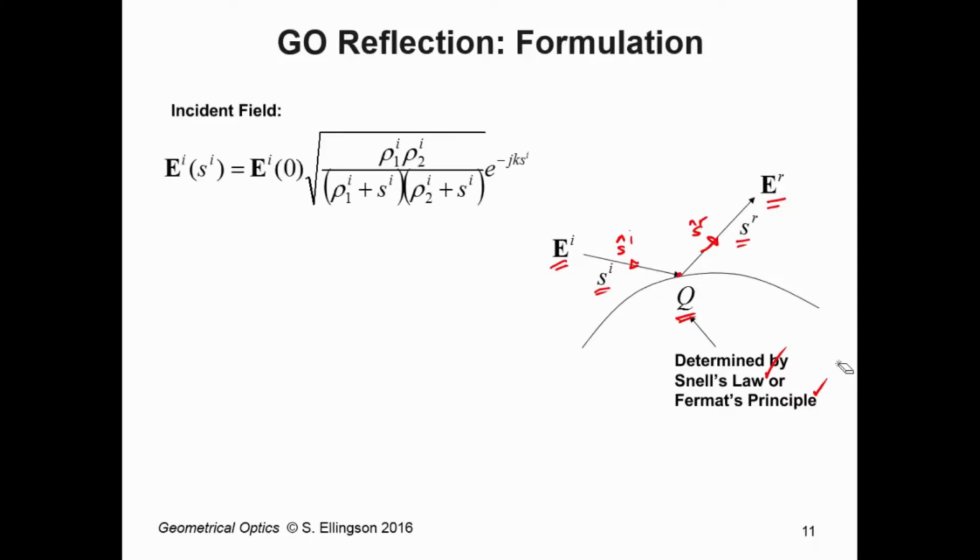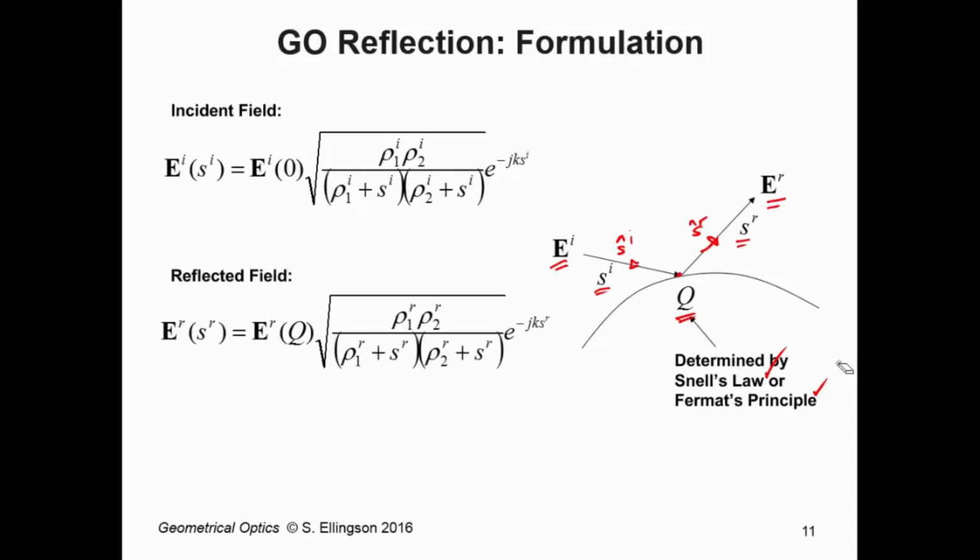The incident field is the geometrical optics form that I've already talked about. The reflected field is also a geometrical optics field, so it also has the form that I've already talked about. The only thing that's different is what the starting field is. In other words, what is the field at the starting point, E super R at Q, where everything starts.